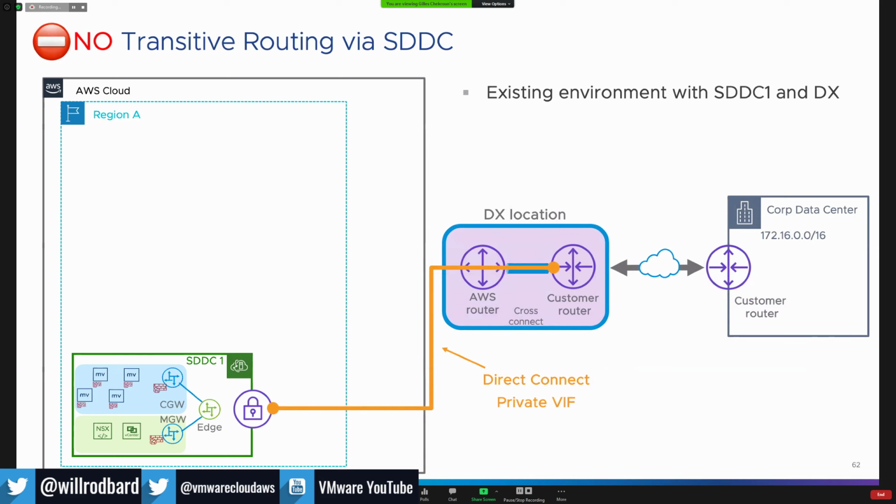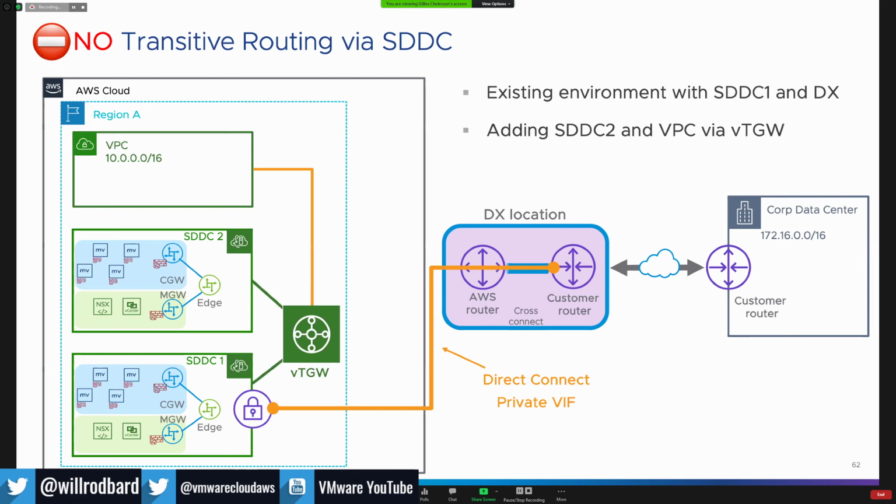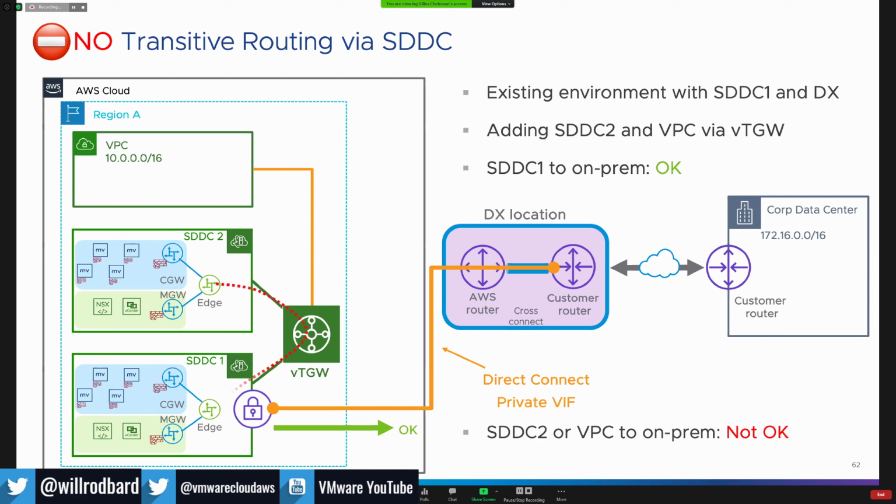There is no transitive routing via any type of SDDC. So if I have today an SDDC with a direct connect, this is standard connectivity, and I'm adding a second SDDC, and I do SDDC grouping, and I add customer VPC, I can talk directly from SDDC1 to on-prem, but I cannot talk from SDDC2 via SDDC1 to on-prem, or from the VPC, neither.